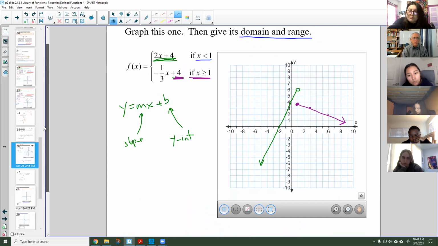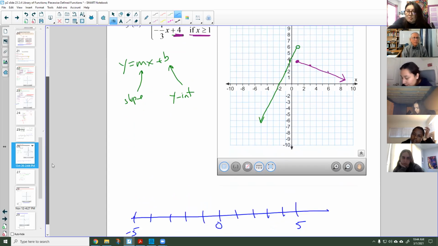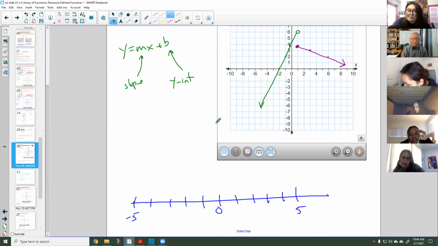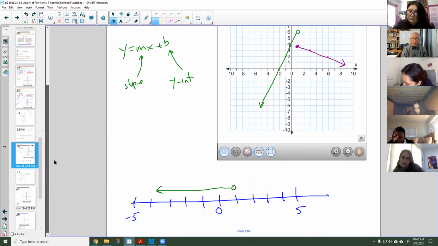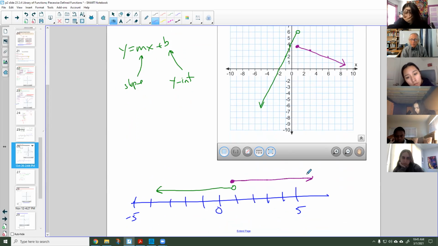The first domain, my green domain here, says x is less than 1. So I start here at 1 and I go less than 1. And my second domain, which was purple, says x is greater than or equal to 1. So I include 1 there and I go this way.